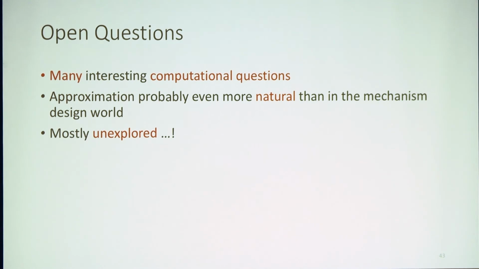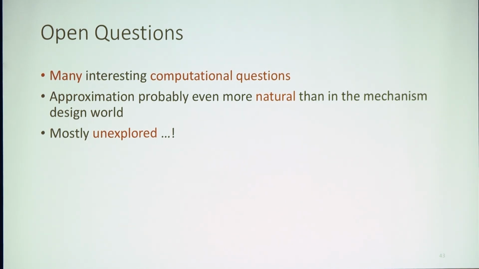What can you achieve? This is also a very interesting question. I think this approximation perspective is very natural here, in particular looking at the upcoming and growing set of applications in e-commerce and the online world. And the good thing is, it's mostly unexplored. So there's plenty of opportunity to do something useful here.